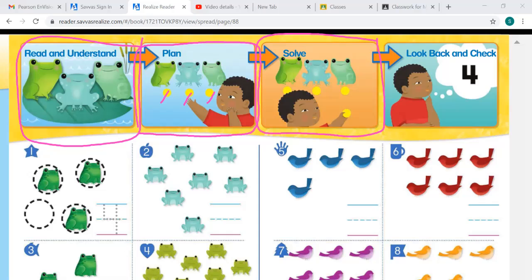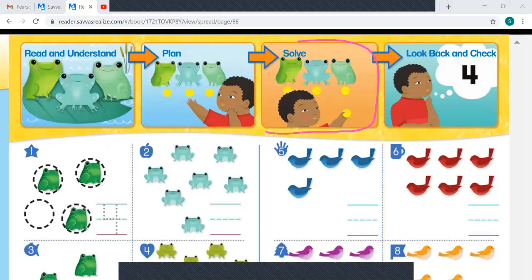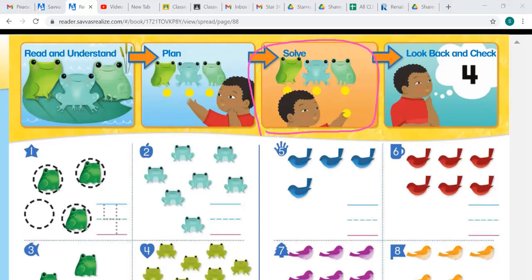Let's look in our third box here. So what are we seeing to show one more frog? So what does he do to show one more frog?